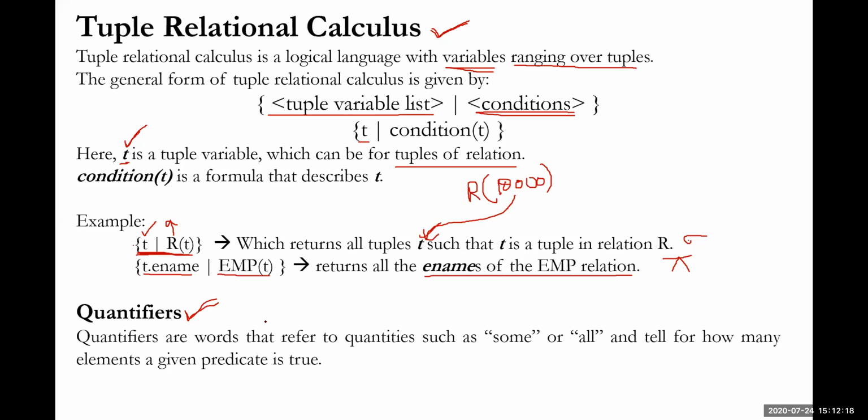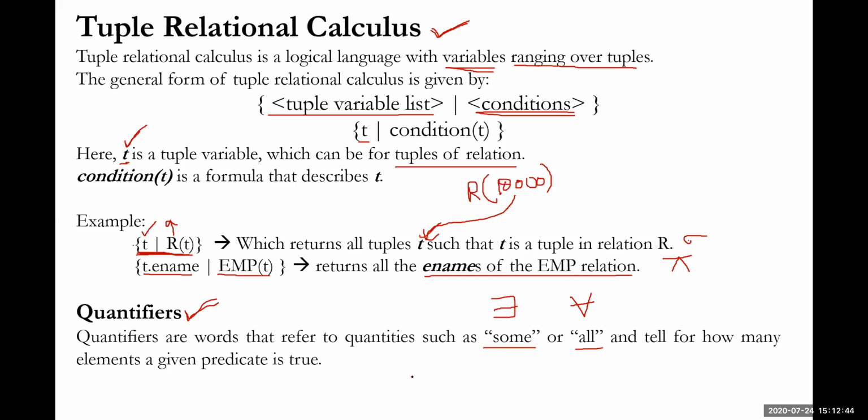Then how could it be? These quantifiers specify some or all. Normally, you use there exists. I hope this symbol is known to you. For all, this symbol is also known to you, I think. And this could exist in terms of predicates. If the given predicate is true, those rows will be displayed.